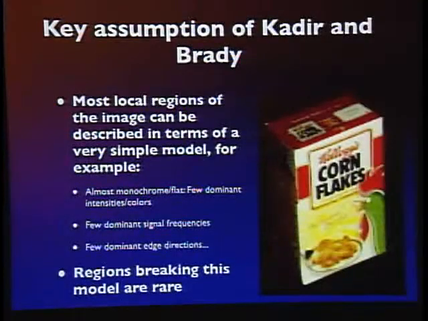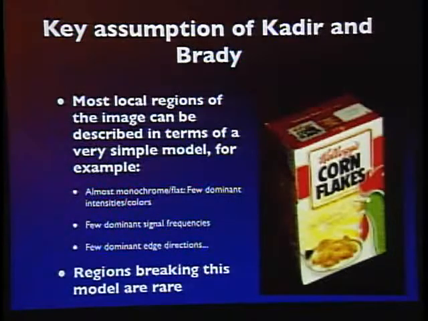Okay, but now this idea of scale is built into the approach that I referenced in the beginning of the lecture by these two guys named Kadir and Brady. So the key assumption of this approach, basically they combine looking at features across many scales with one other idea called entropy. And I'll explain what I mean by that right now.